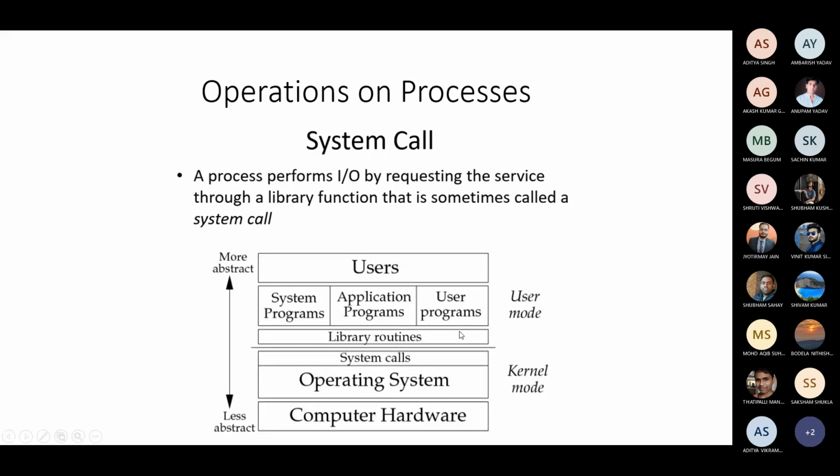There are also user programs which I am manually running, but all these programs have some library routines. These library routines are invoked by system calls. The system calls come as part of kernel mode, but the communication between the application programs and the operating system happens via system calls and library routines.